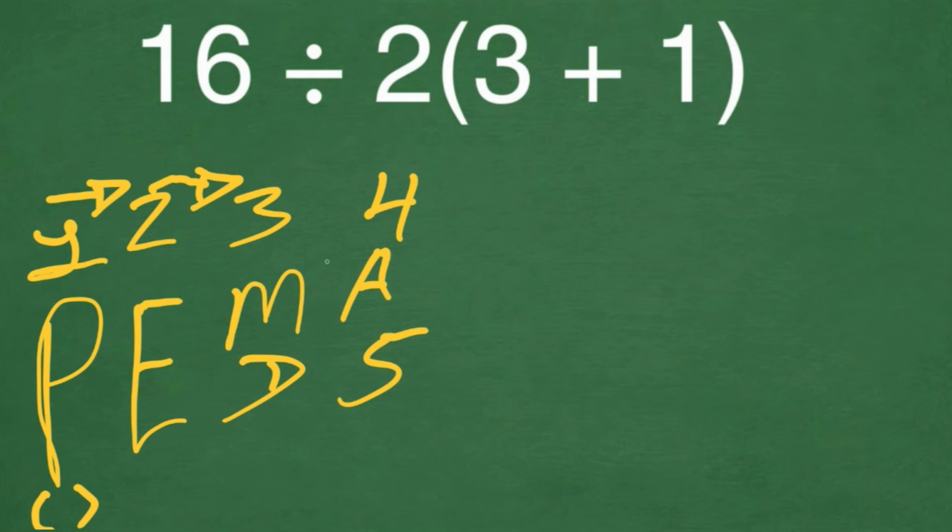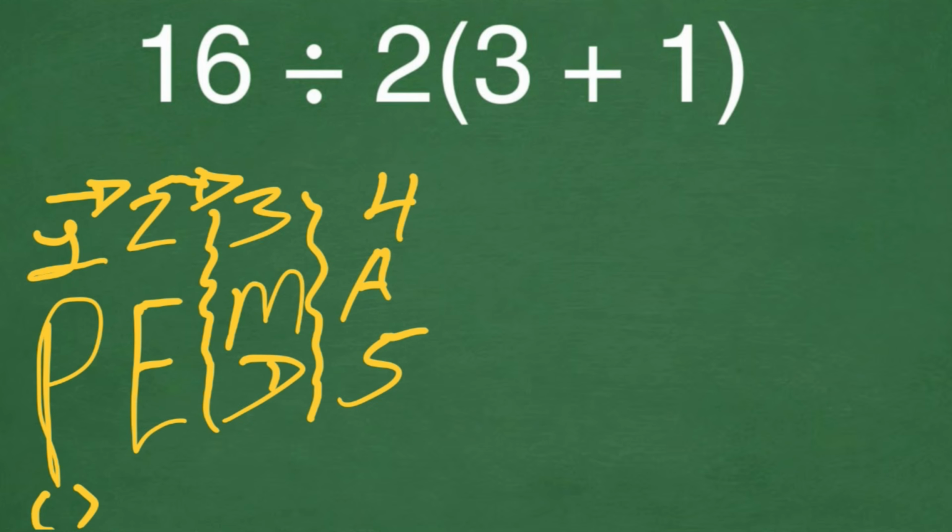So this is their priority, but here is where most people get it wrong. They think multiplication comes before division. Therefore, multiplication should be solved first. But that is wrong. If you see how I wrote the PEMDAS rule, I put M and D in one category, and they are found in the third priority, right?